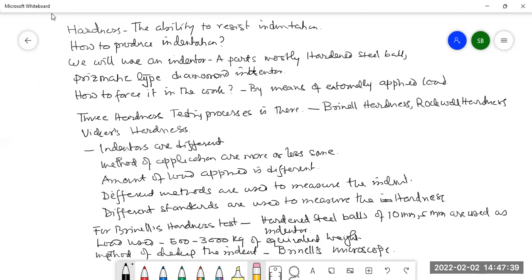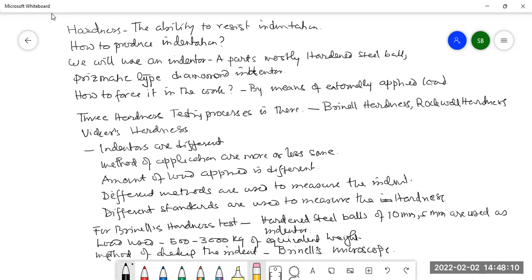This is not exactly a dead weight, but it can be created by means of a system giving an equivalent load of 500 to 3000 kg, with which the indenter can be pushed inside your hardness test piece.